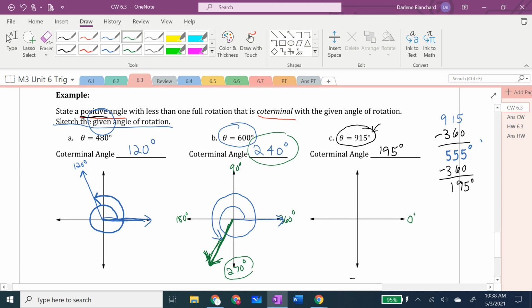You want to know your quadrangles, 0 degrees, 90 degrees, 180 degrees, 270 degrees, 360 degrees. Where is 195 in relationship to these? How much further is it from 180?